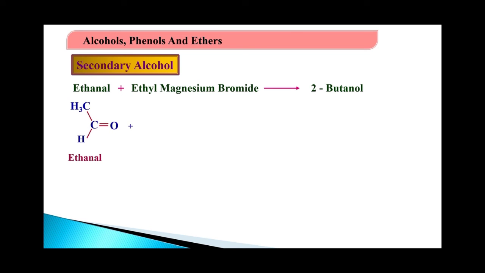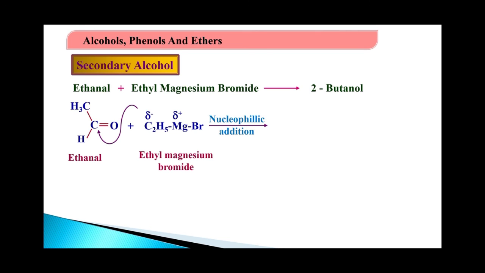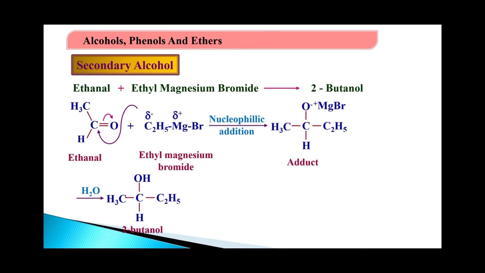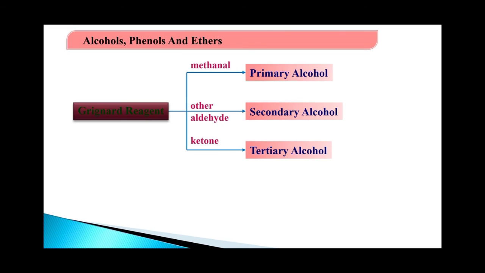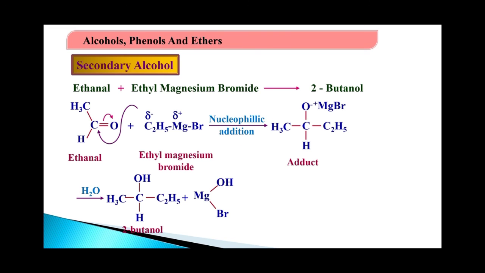When CH3CHO reacts with C2H5MgBr, C2H5 will go and attack the carbonyl carbon. Now electrons will be shifted towards the oxygen and Mg will attach to oxygen, and we are going to get the adduct. This adduct on further hydrolysis in presence of water gives rise to 2-butanol or butan-2-ol plus MgOHBr.